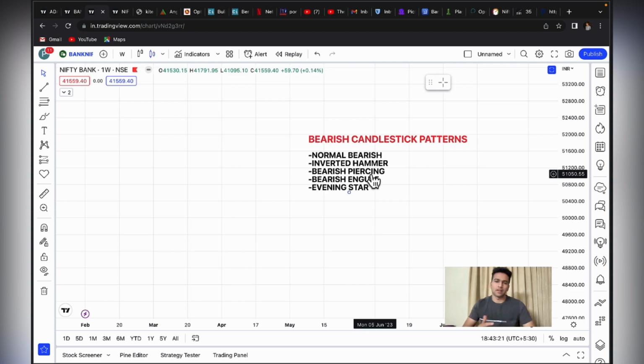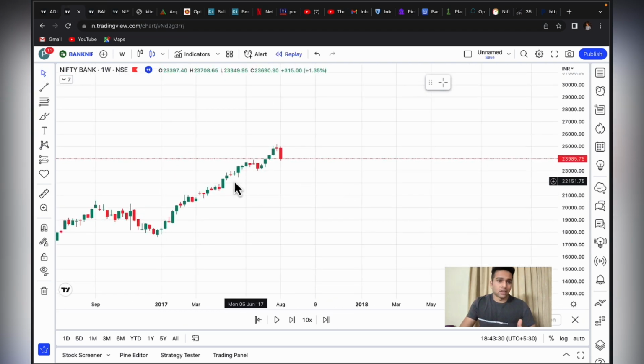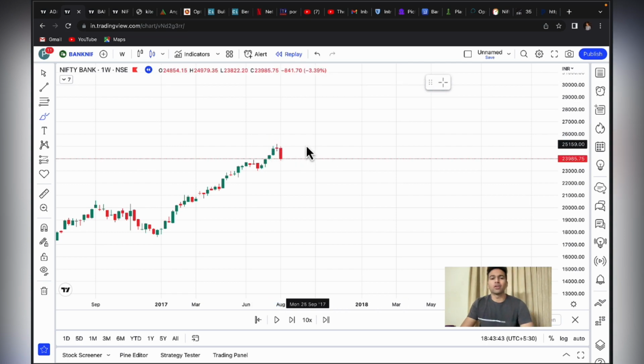So the last bearish example we are going to look at is an evening star. You guys must have guessed it correctly. Evening star is a complete opposite of a morning star. So let's look at the example. This is a typical example of an evening star. The evening star is a three candlestick pattern where the first candle is a normal bullish candle followed by a neutral candle. A neutral candle is when the bulls and bears are equally in control and the price is closed in between.